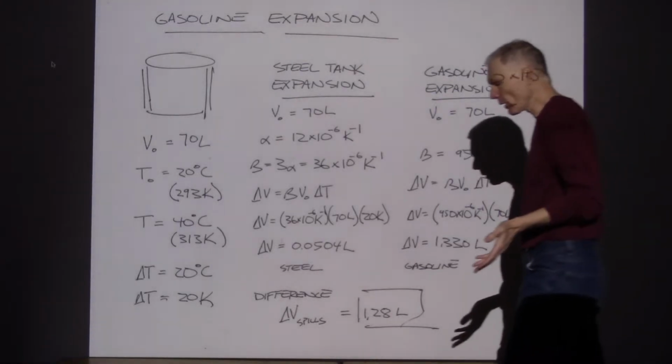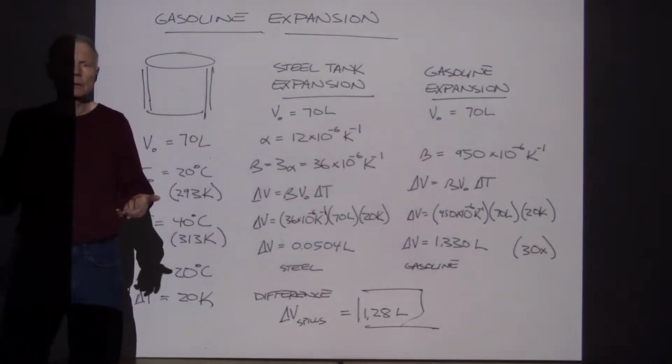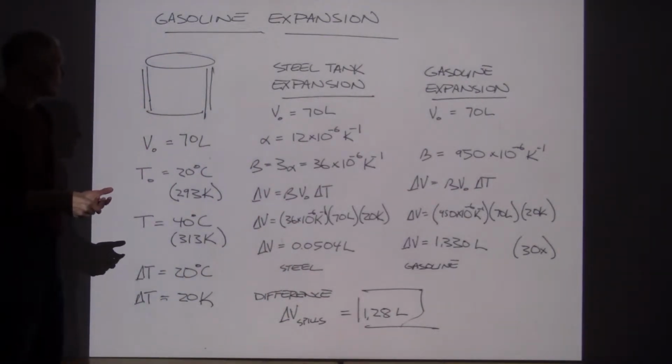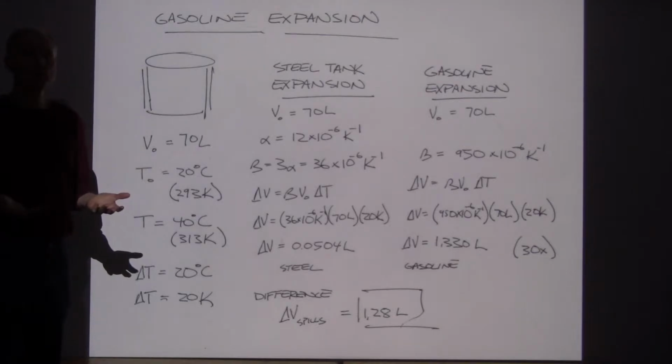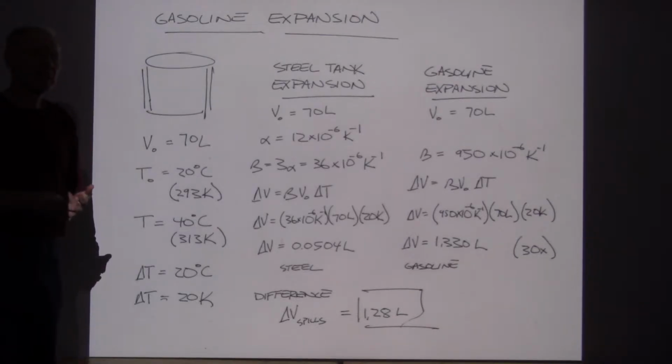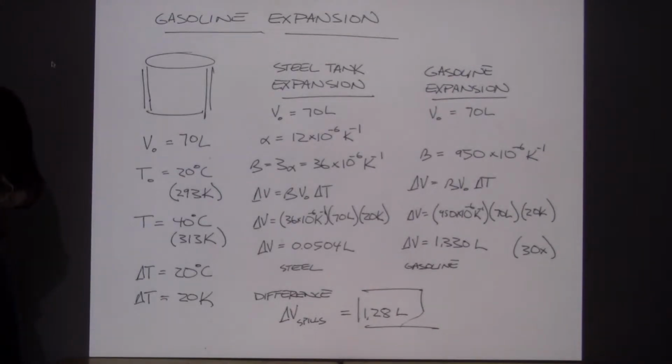Now, another thing to be aware of with purchasing gasoline at a gasoline stand is that gasoline is not sold by mass, it's sold by volume. And so that tells us that gasoline, when it's denser, is actually going to be less expensive.